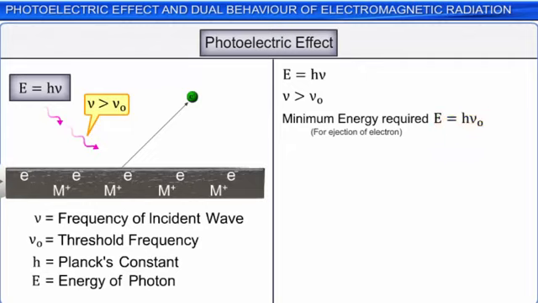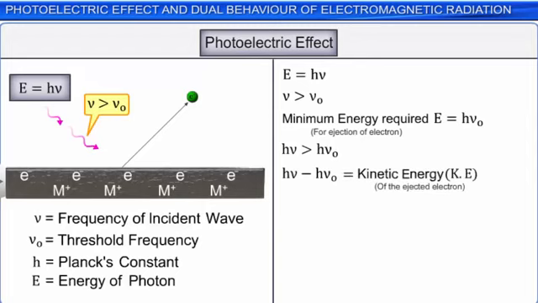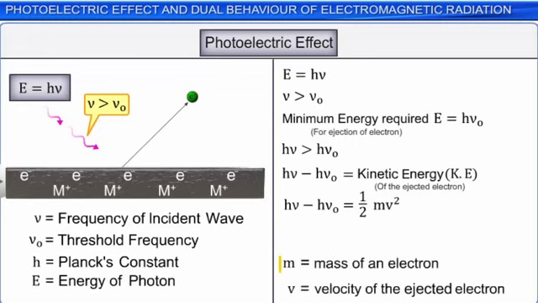As the energy of the incident photon h nu is greater than h nu 0, the remaining energy, that is h nu minus h nu 0, is imparted as kinetic energy to the electron. Thus, h nu minus h nu 0 is equal to half m v square. Here, m is the mass of an electron and v is the velocity of the ejected electron.